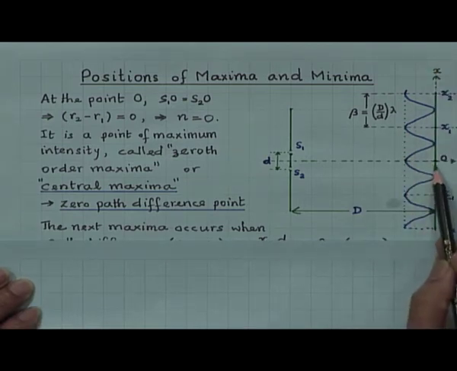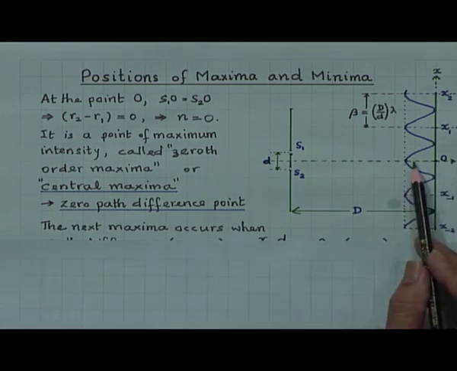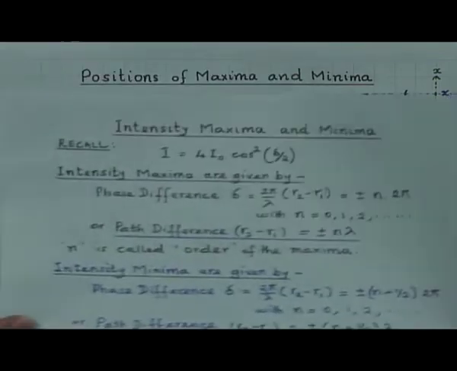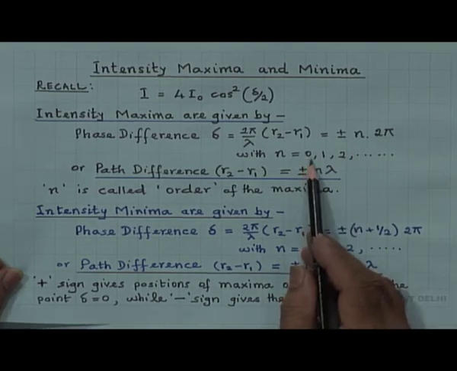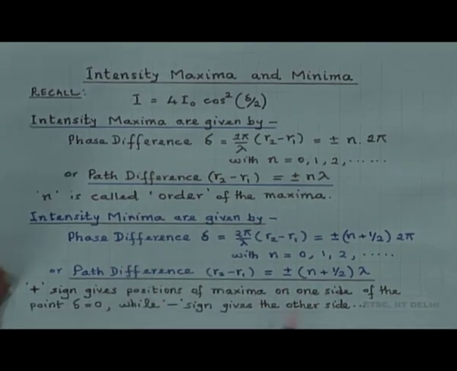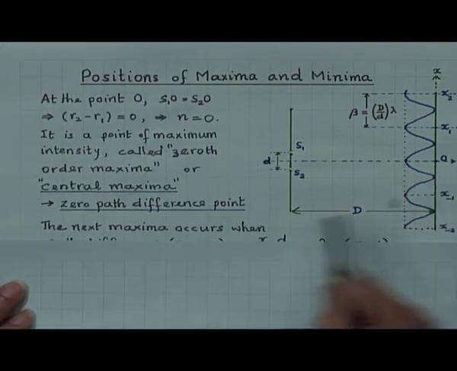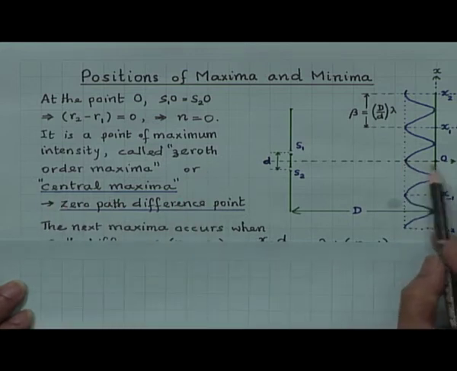At the point O, we have phase difference equal to 0, means n is equal to 0, we have the condition for maxima and therefore, this point will be maximum. In fact, it is called the central maxima.